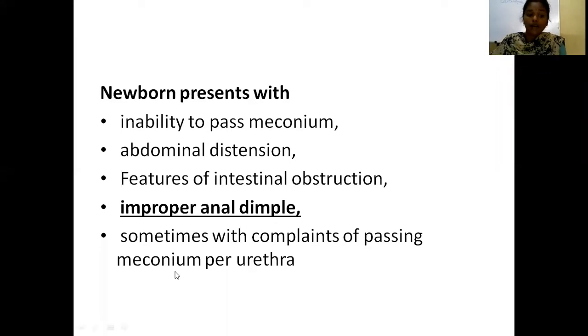In some conditions like high anorectal malformations, there will be complaints of passing meconium per urethra. This indicates that the defect is above the level of levator ani, indicating a high level anorectal malformation.